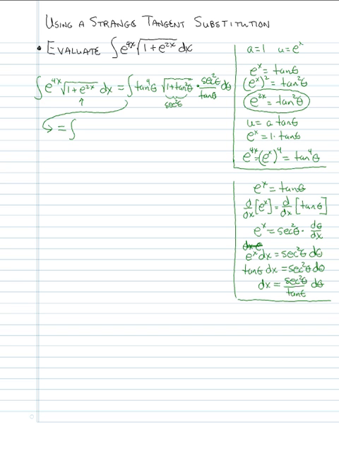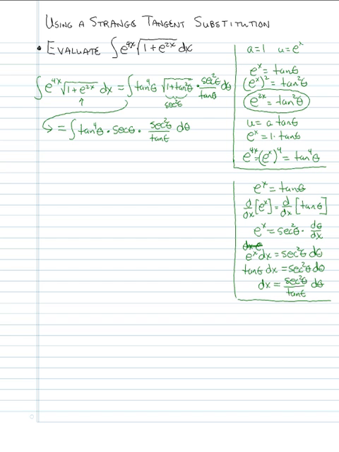And so we'll have this tangent to the fourth theta. And when we take the square root of secant squared theta, we get secant of theta. And then we have times the fraction secant squared theta over tangent of theta d theta.